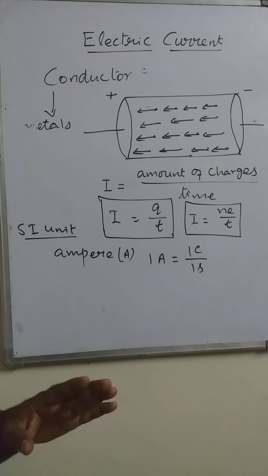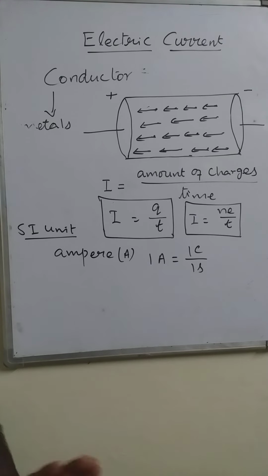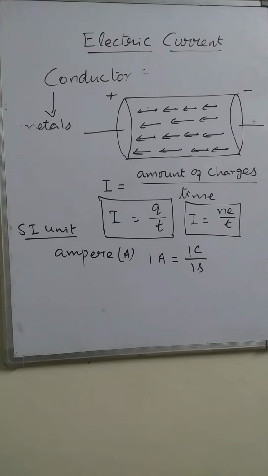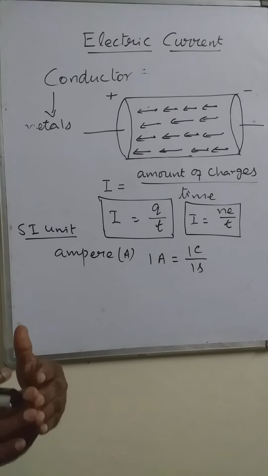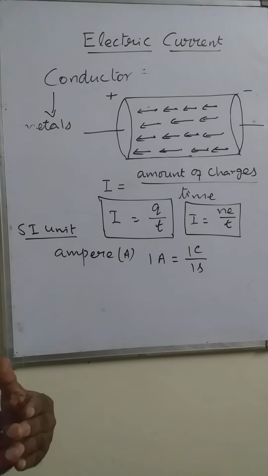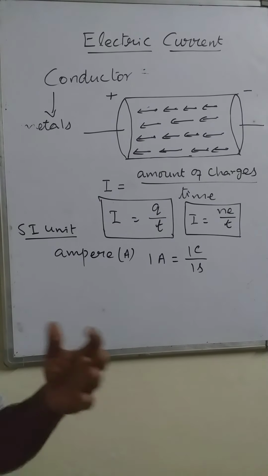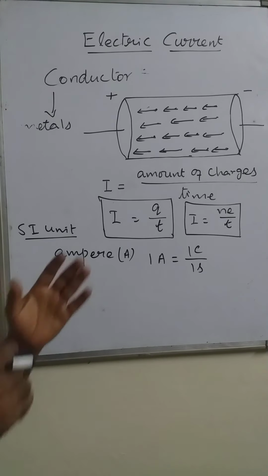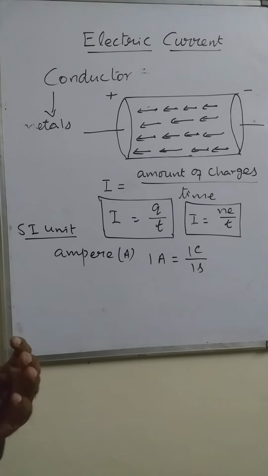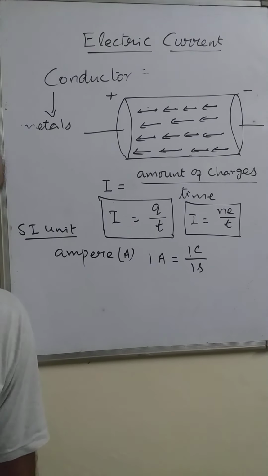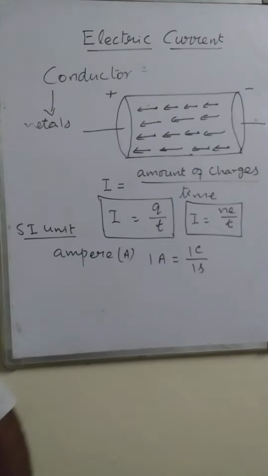But here we are defining this 1 ampere in terms of the amount of charge flowing through the conductor. But the actual definition of ampere is not this amount of charge per unit time, 1 coulomb of charge flowing through a conductor in 1 second. The actual definition is obtained from another chapter, the magnetic effect of electric current, because its real sense is obtained from the effect of this current carrying conductor.